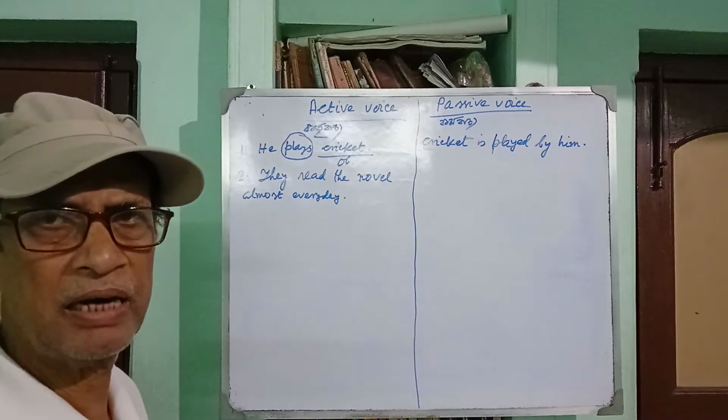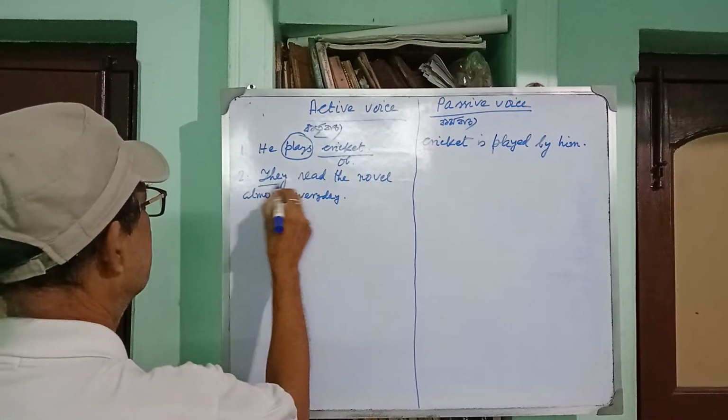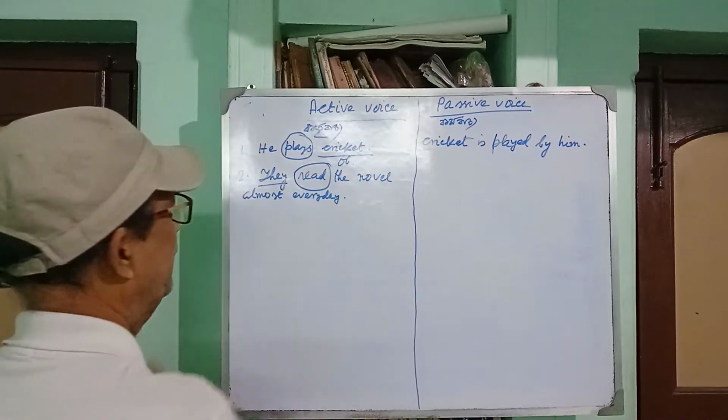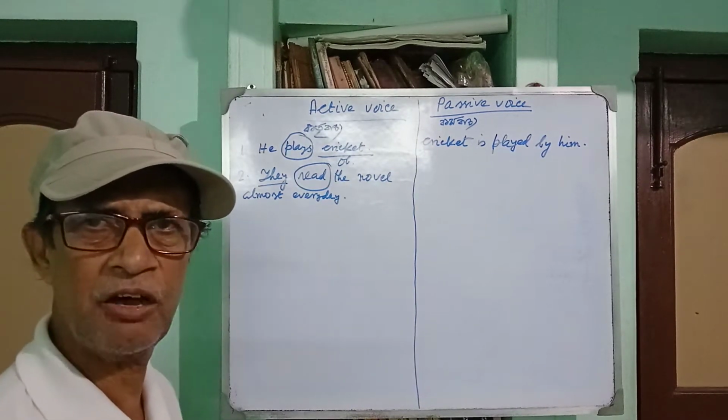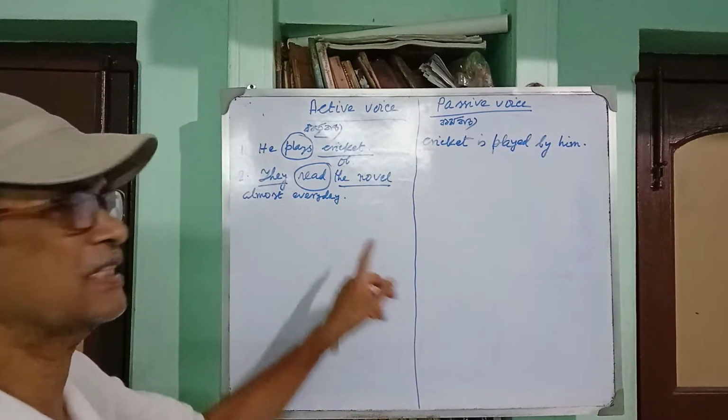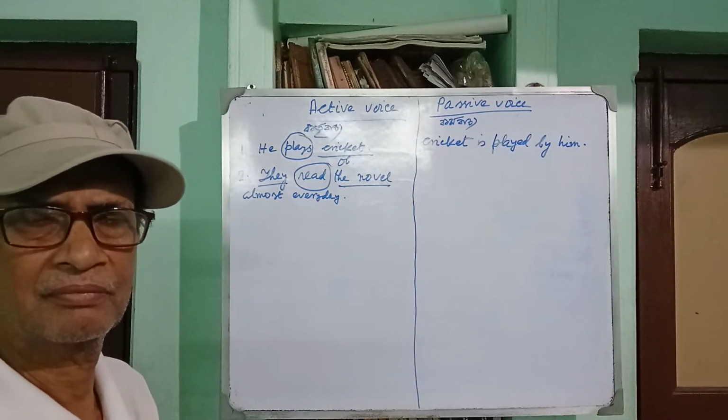What is the subject? Subject is they. What is the verb? Read is the verb. What is the object? Novel is the object. And almost every day is adverbial. Clear?